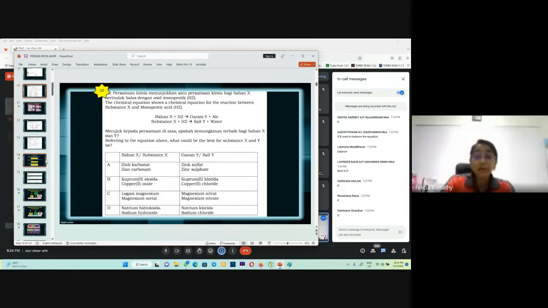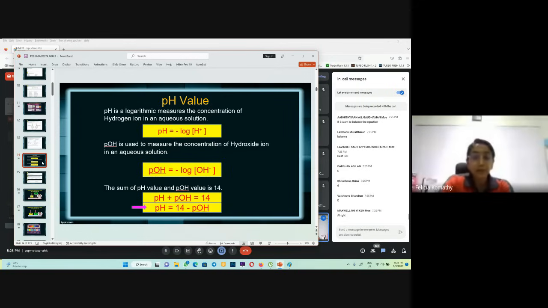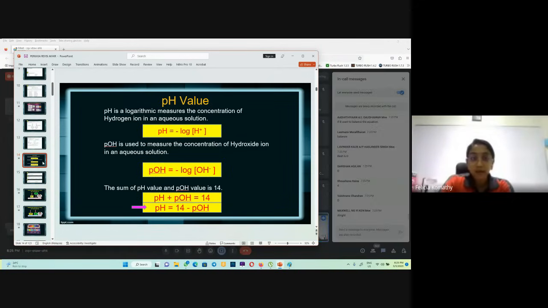Even copper 2 oxide is a metal oxide and reacts with acid to form salt and water, but it's a less reactive metal. So you have to go for the best choice. The best means the highest chance the reaction will occur the way they wanted. So the best solution will be sodium hydroxide. So paper 1, students, you have to be very careful when you choose your answers. Okay, now we go for pH value.